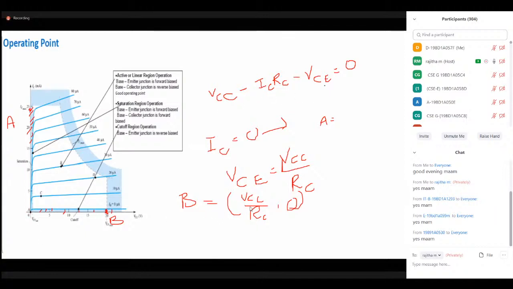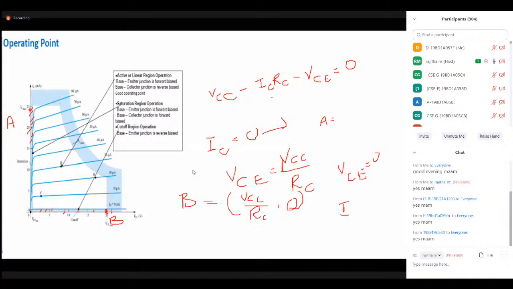When VCE is 0, the maximum current IC becomes VCC by RC.